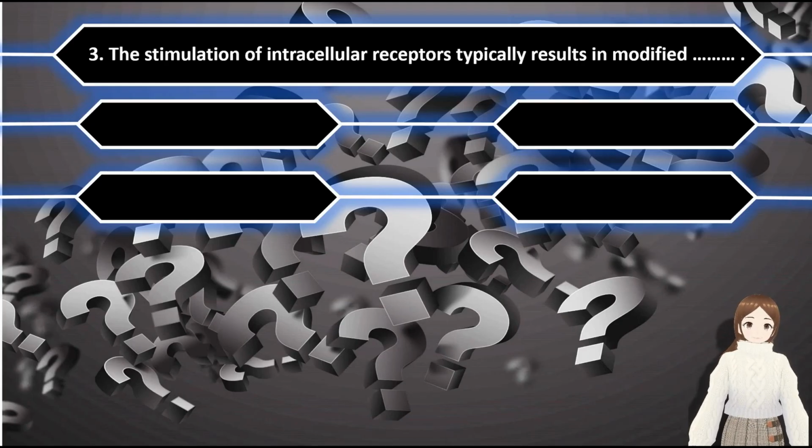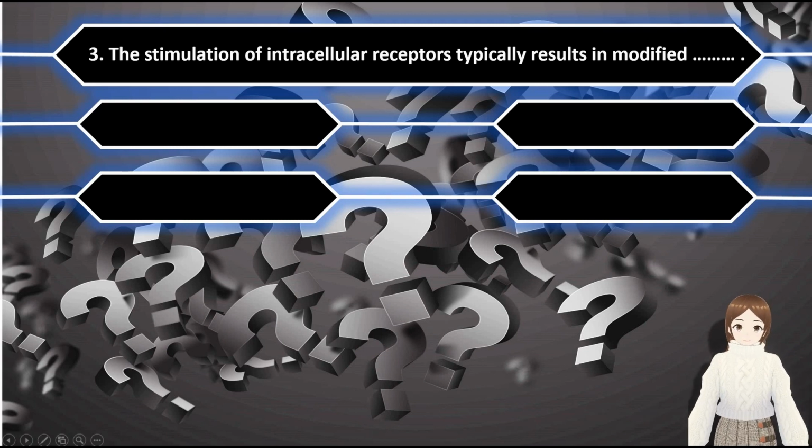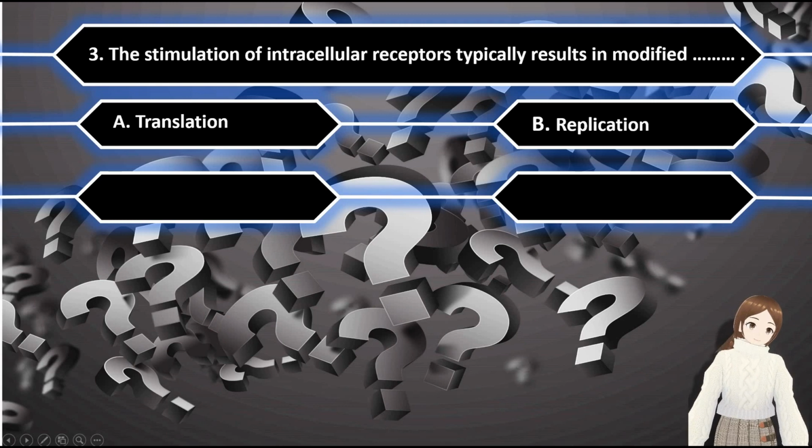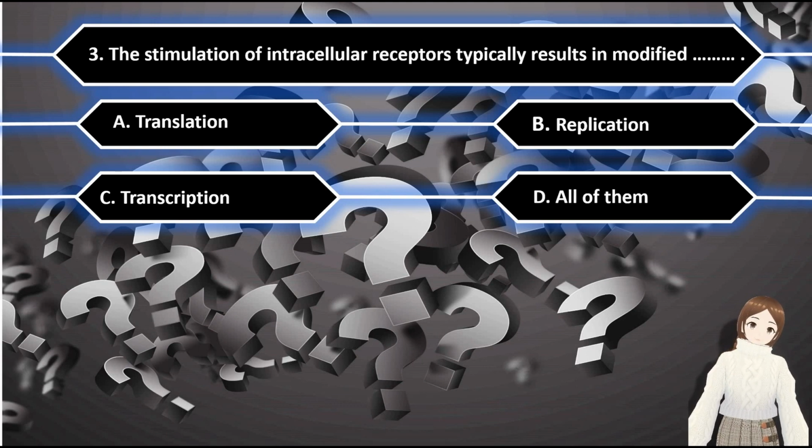Question number 3. The stimulation of intracellular receptors typically results in modified A. Translation, B. Replication, C. Transcription, and D. All of them.